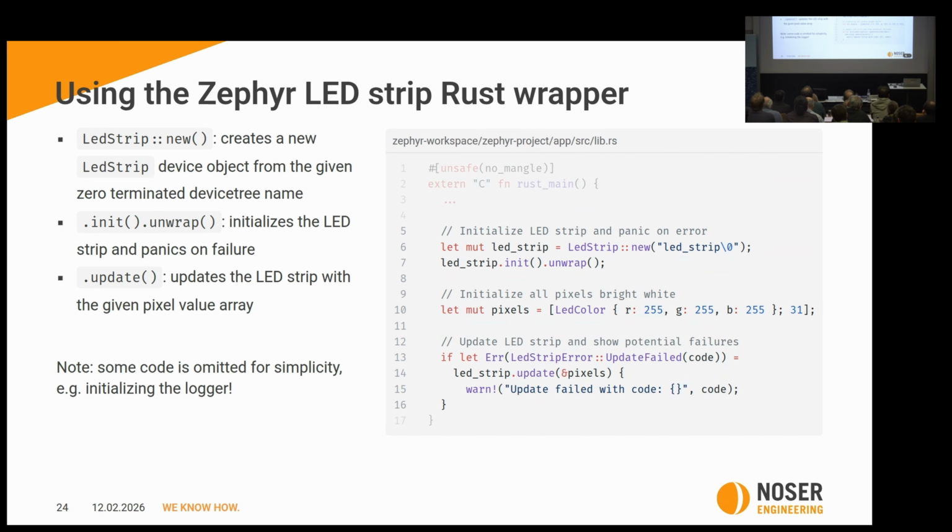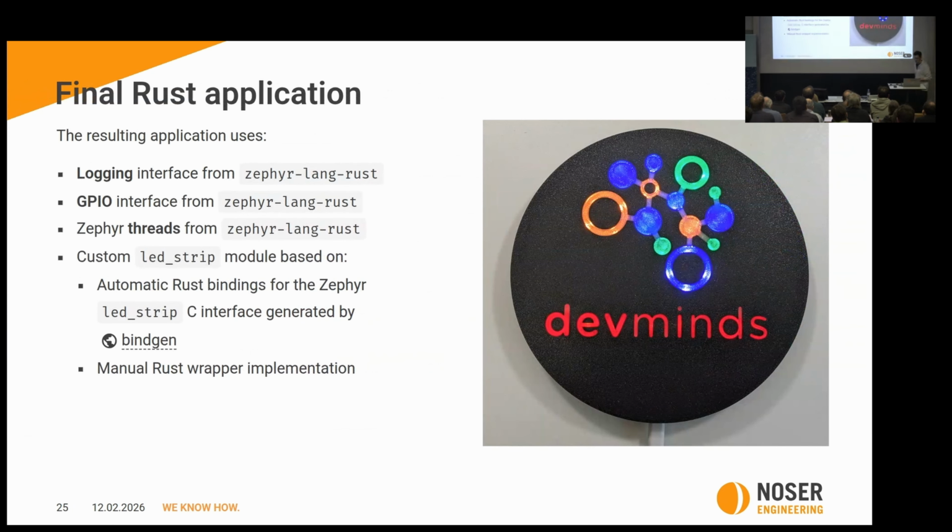So we have this LED strip new, it's the alias from the device tree. Then we can initialize all the pixels. And then finally we update it and we handle the error code, which is implemented in Rust. So actually, I can show you here, we can have a discussion afterwards. It's basically just lighting up.